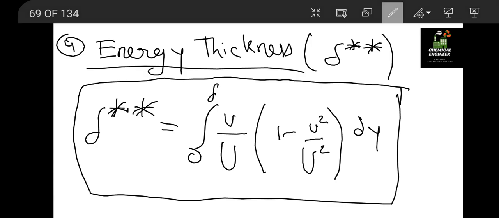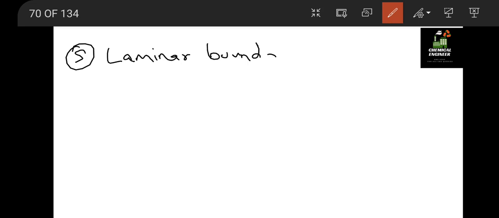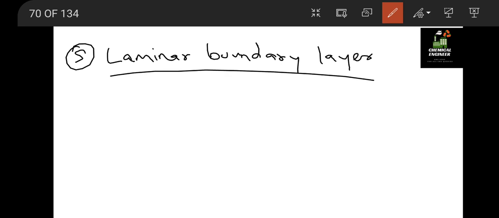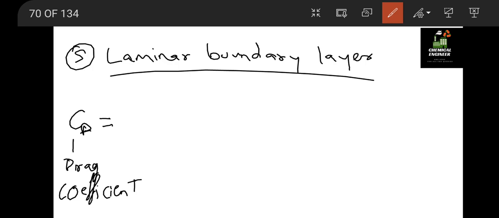Okay, so now let us see the fifth equation. All what we have discussed is for laminar flow. So for laminar boundary layer, we have drag coefficient value directly to be remembered. The value for drag coefficient is 1.46 divided by under root of Reynolds number.